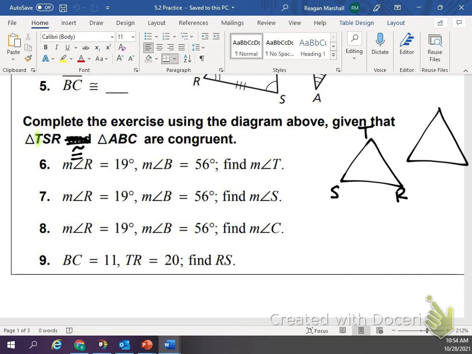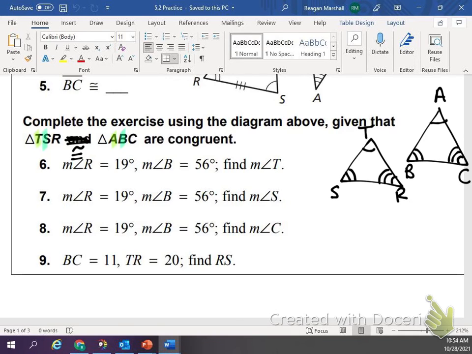So T corresponds with A, so they should go in the same place. Then B corresponds with S, which means C corresponds with R. Are we all okay with which ones are congruent? T and A, S and B, and then R and C.